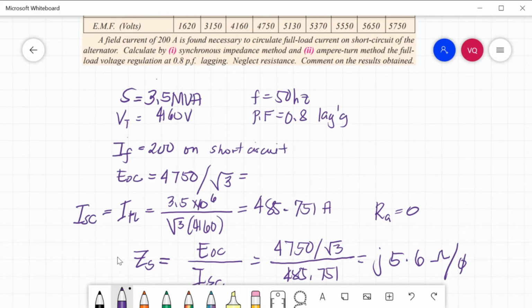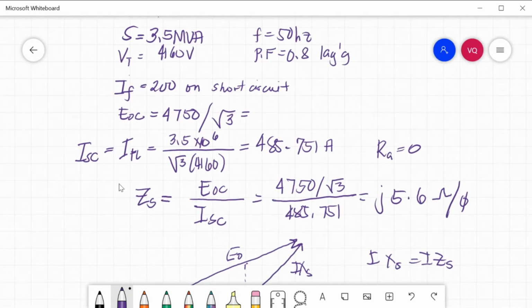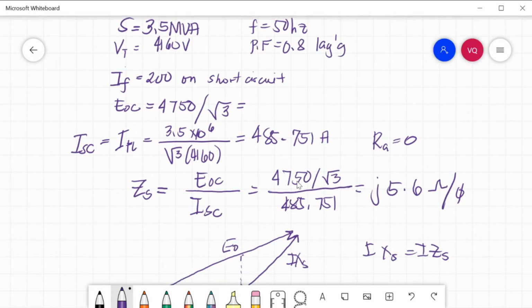So the synchronous impedance will be 4,750 divided by square root of 3, all over our short circuit current, 485.751. Since RA is 0, the remaining component will just be the inductive, so that is j5.6 ohms per phase.